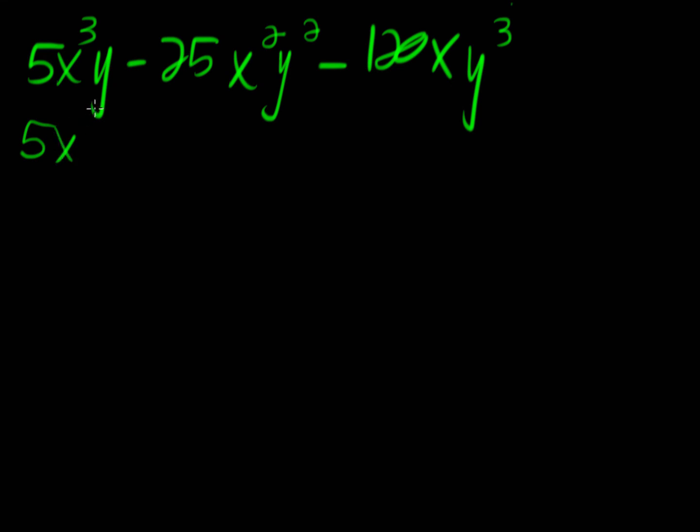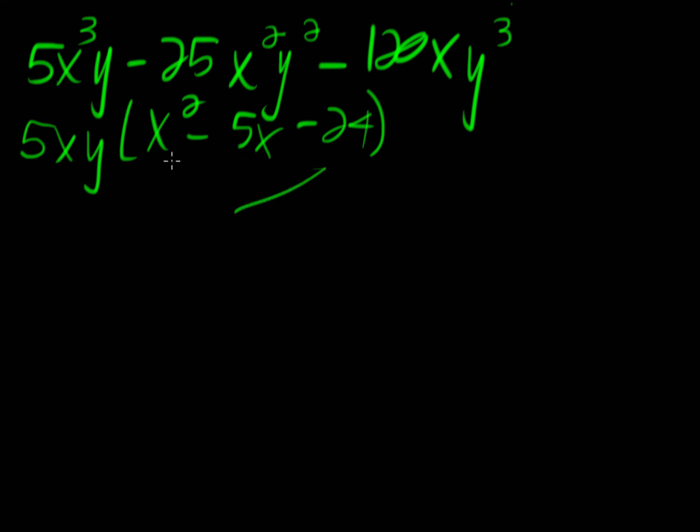Our lowest power of x is to the first power, and our lowest power of y is to the first power. So our greatest common factor is 5xy. So if I factor out a 5xy, I'm left with x squared minus 5x minus 24.